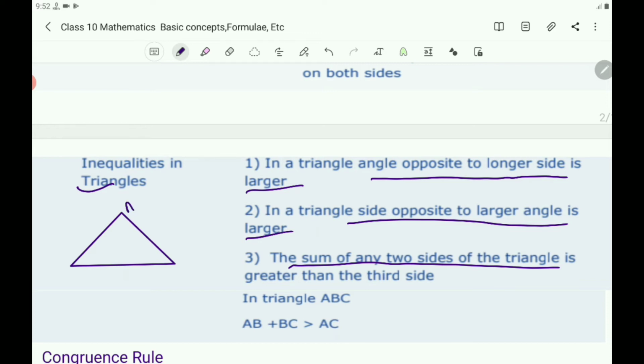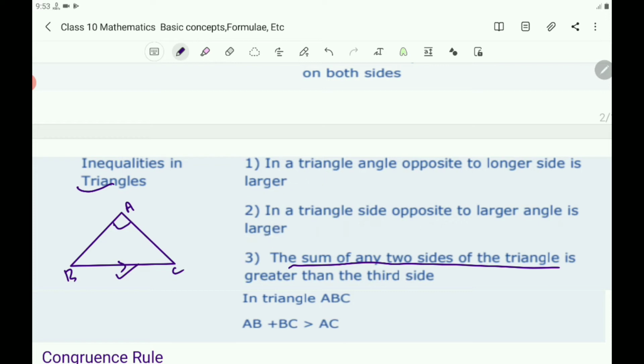Here if you consider a triangle ABC, the side which is opposite to the greater angle is greater and the angle opposite to the greater side is greater. So in a triangle, angle opposite to longer side is larger and side opposite to larger angle is larger.